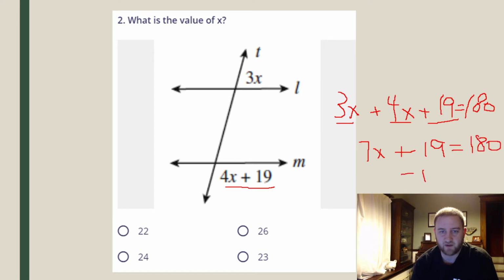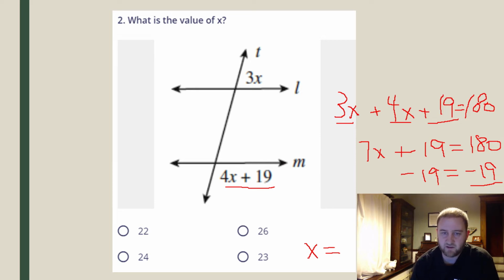Now we're going to subtract 19. This is just a normal two-step equation. So now we have 7x equals 180 minus 19, which is 161, and then we divide by 7 on both sides, and we get x equals 161 divided by 7.